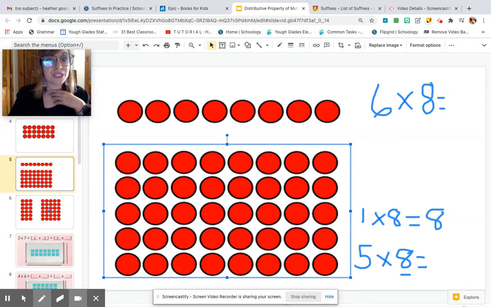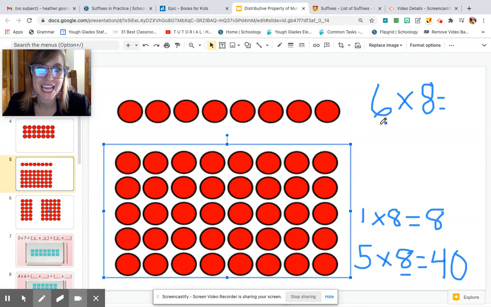I could have even used my array to help me. So now here I have my 2 products and I'm ready to add those 2 products together so I can get the answer to 6 times 8.